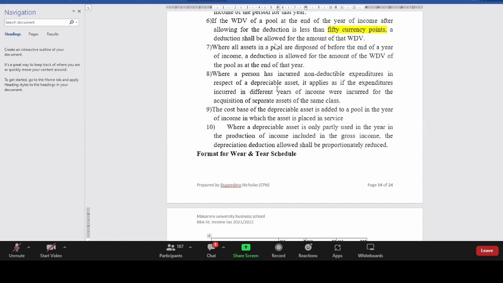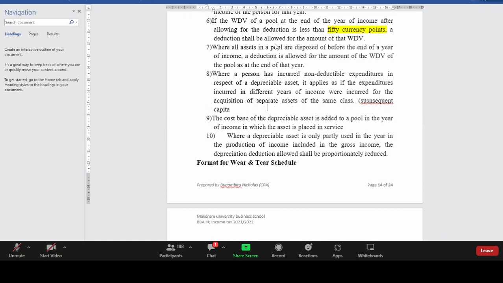If you are to note somewhere, you can put this in your brackets and note it. This is typically the same way as subsequent capital expenditure, if you recall accounting. Subsequent capital expenditure on the same asset.